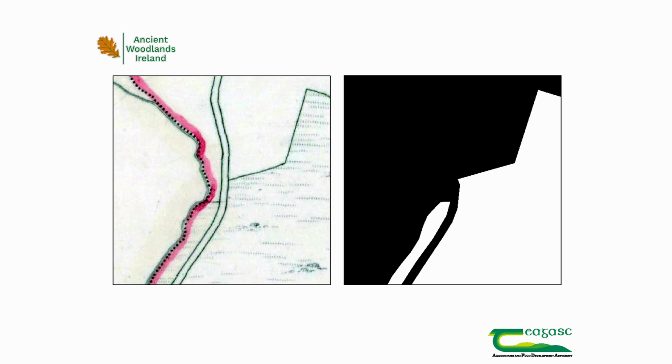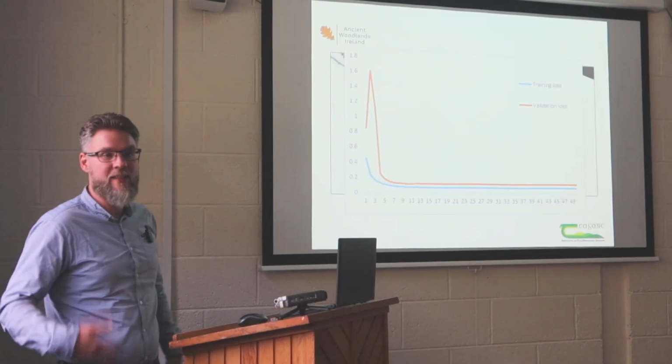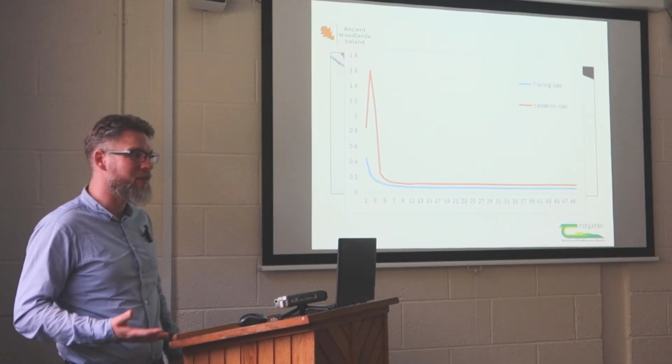They took 800 of these squares of wetlands and manually masked out the wetland. So black is non-wetland, white is wetland. That was then fed into the model, which used that to train and train again until it could, with a high probability, recognize what a wetland was and what not.